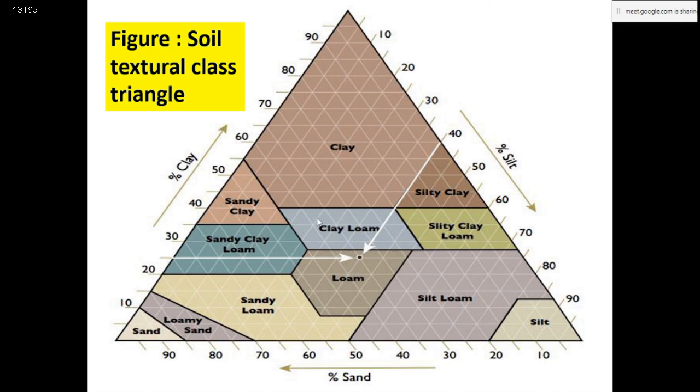When we draw the parallel lines, the common point falls under one of the classes, and then we know that the soil is of that particular class.